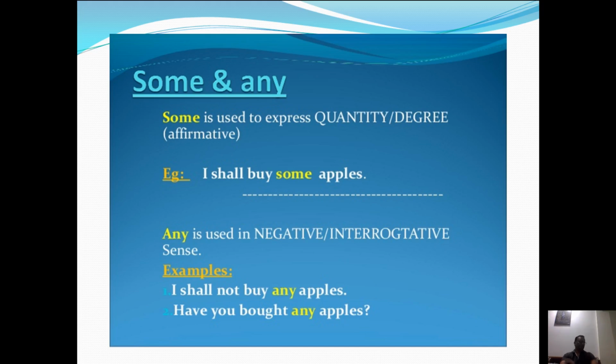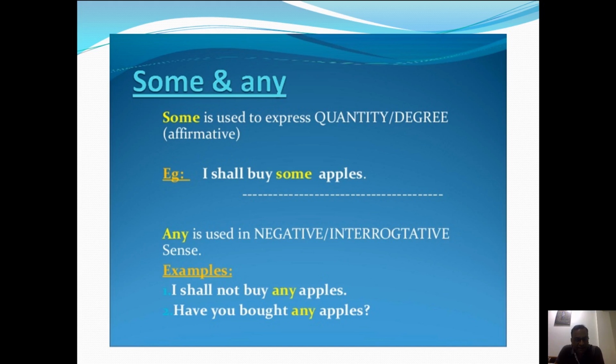Some and any. In this section we are going to discuss some examples. Some is used to express quantity and degree, generally in affirmative sentences. Example: I shall buy some apples.